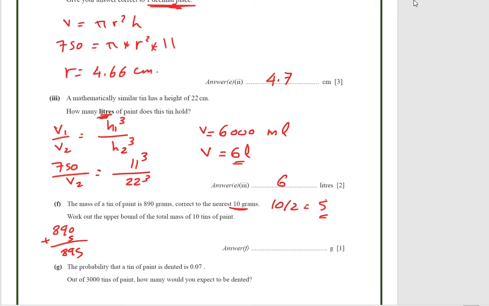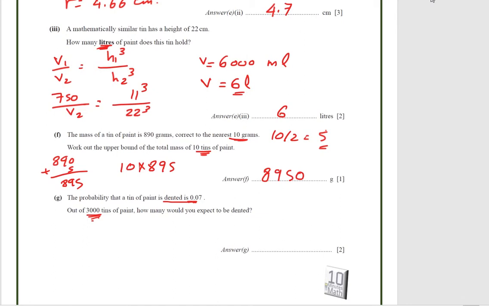This is the mass. You need 10 tins, so 10 multiplied by 895. So the upper boundary will equal 8,950 grams.